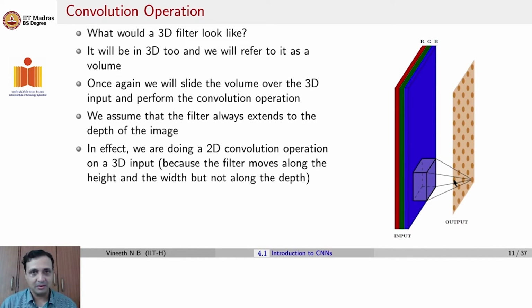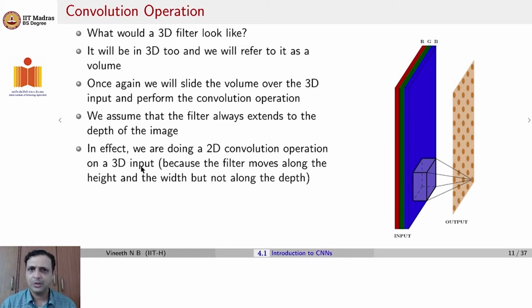One assumption we make here is that the depth of this filter is the same as the depth of your input volume, and this is important. Why is it important? Because the depth of the filter is the same as the depth of the input volume, in effect we are doing a 2D convolution on a 3D input.